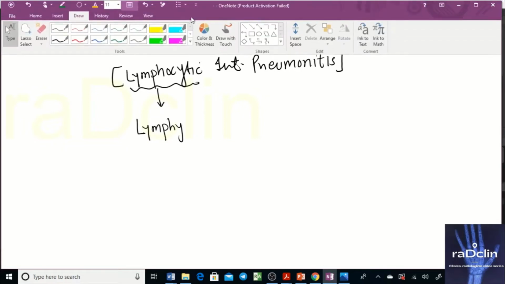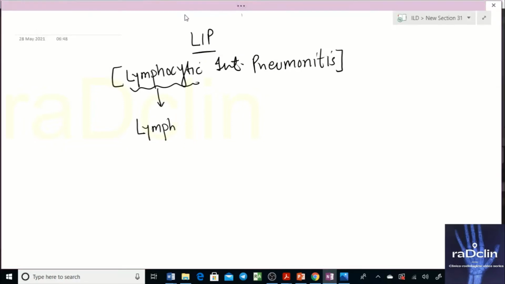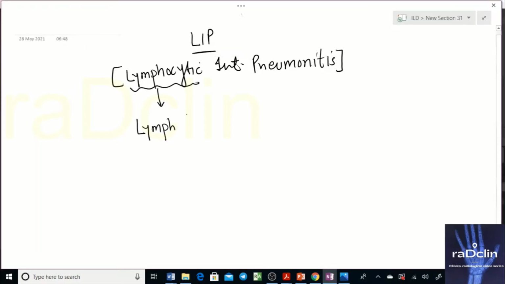Not only lymphocytes, you also have plasma cells or histiocytes getting infiltrated.